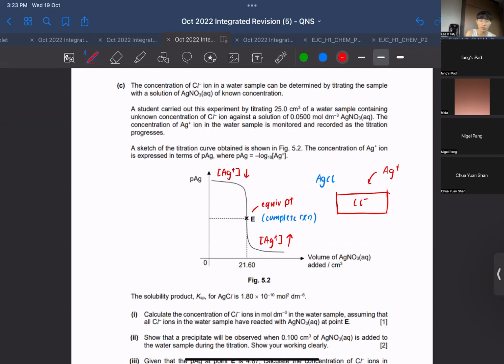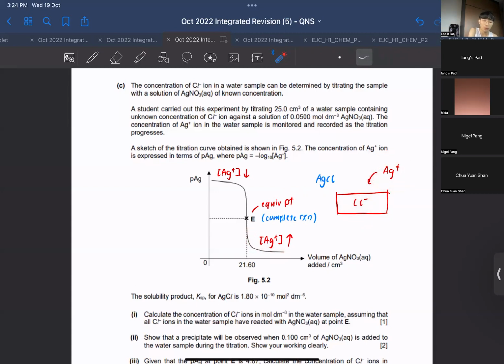A complete reaction only means that your Cl minus is completely precipitated out of the solution. There's no more Cl minus in that solution, and the point at which we achieve that is this amount over here. The moment Cl minus is no more, you're only adding excess Ag plus.